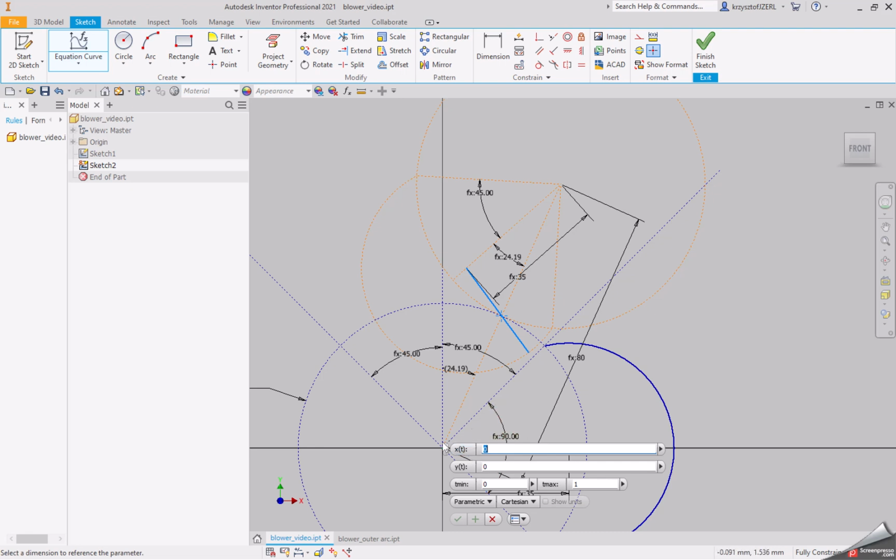Our input angle in this case is the angle that the center of the second wheel traveled around in its movement around the other wheel. So this will be the equivalent of our input angle.